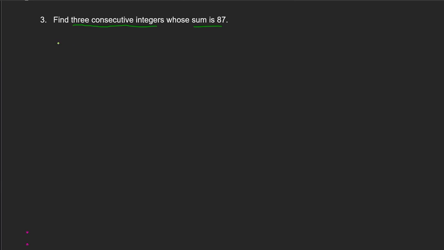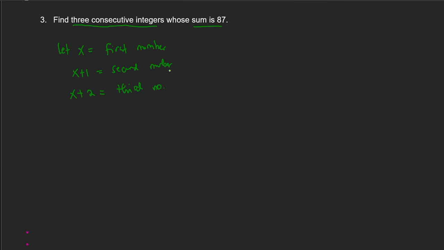Okay? So first, we know that x is the first number. And since this is consecutive, so just follow, x plus 1 is the second number. Then x plus 2, that will be our third number. Okay.